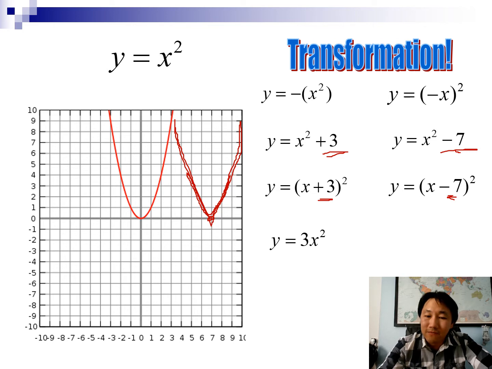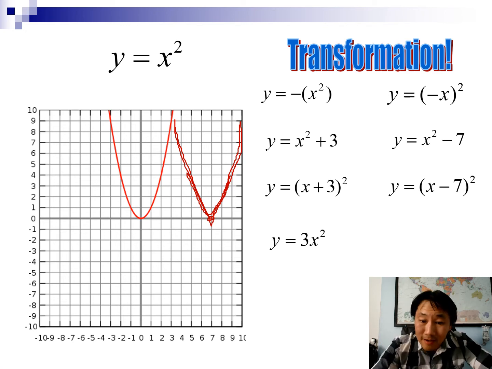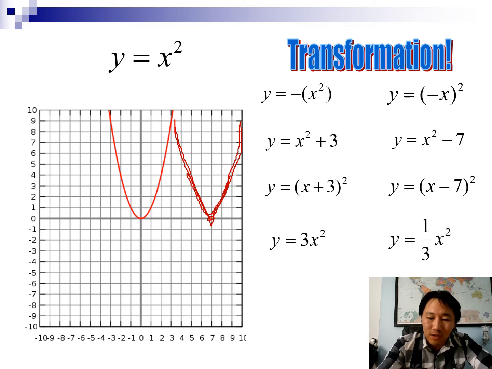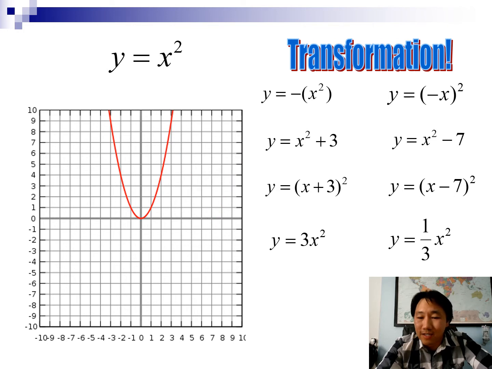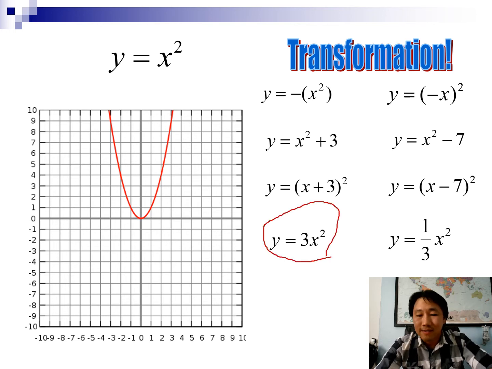What happens if I just put a 3 in the front of the x squared and you're multiplying it by 3? What guesses do you have? Oh, I did that by accident. Pretend that didn't come up yet. If you guessed that it got skinnier, you would be correct.